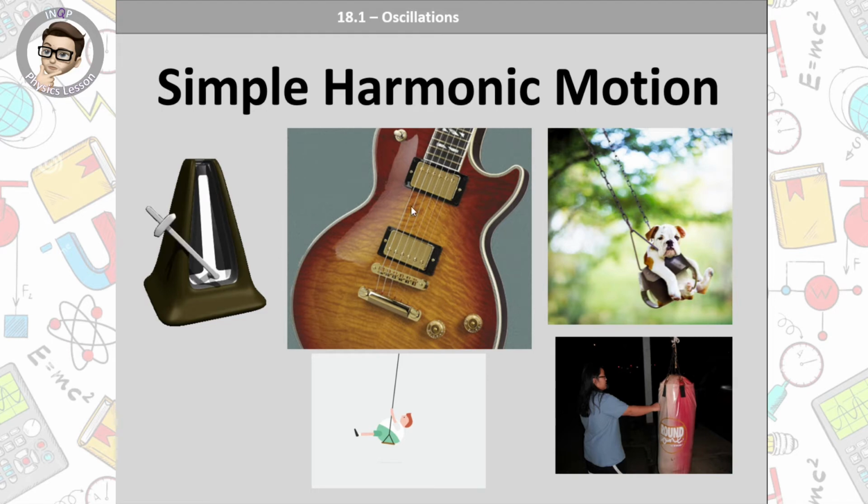So you end up getting that string moving along that axis, which is again simple harmonic motion, because it accelerates, then it has no acceleration, decelerates, then accelerates, etc., backwards and forwards. We've got people on swings, a dog, and we've got a person, and you've got something like a punching bag. If you punch it, it's going to swing like a pendulum. And these all follow simple harmonic motion.